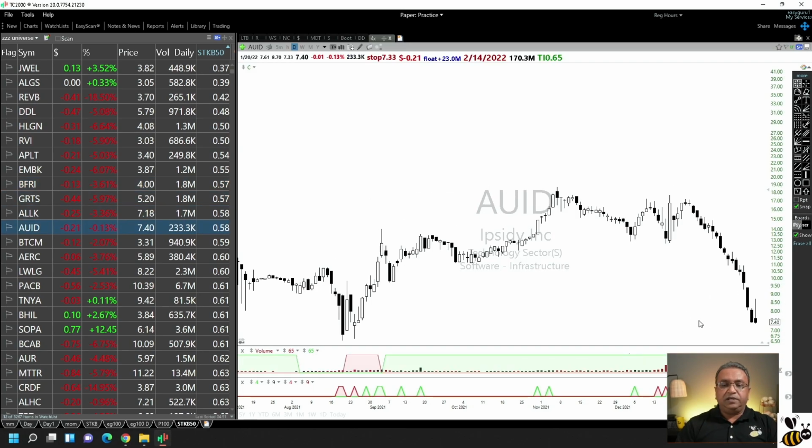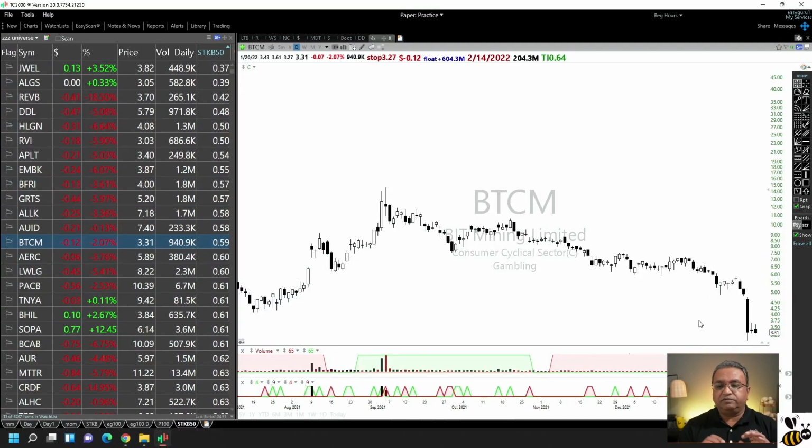So essentially, Stockbee 50 is a very simple momentum based approach to finding stocks which have very high volatility. When you are swing trading, you want to find stocks which have extremely high volatility. Stocks which are high volatility offer you more opportunity to make money in the shortest period of time. And that's the whole idea behind Stockbee 50.